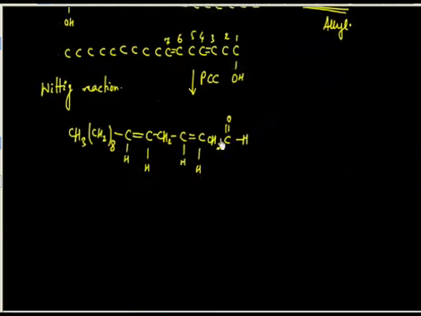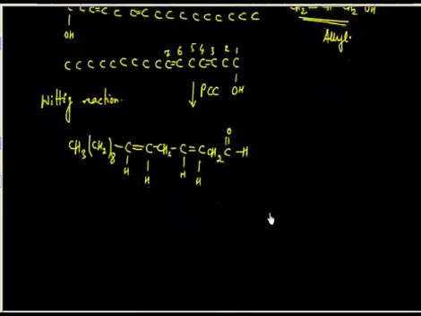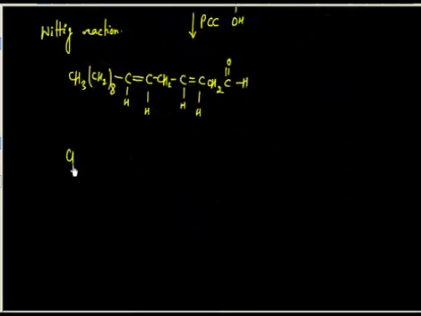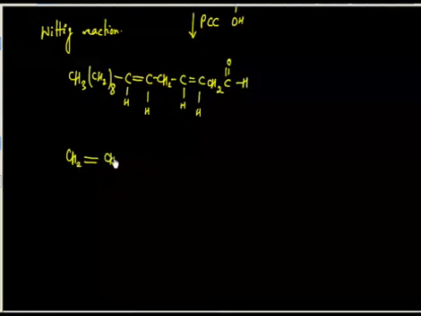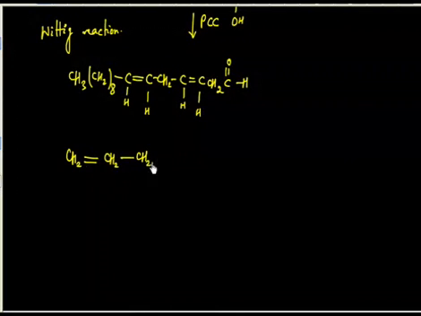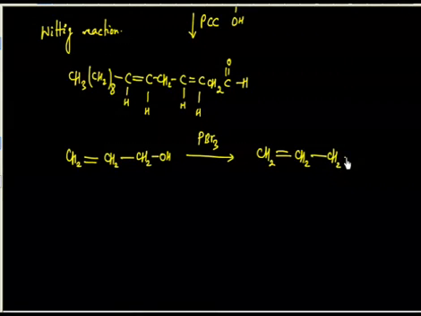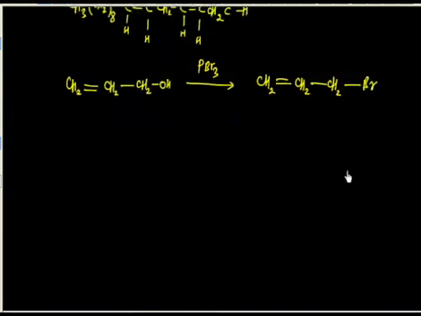Now let us say one is ready. Now take allyl alcohol, CH2=CH-CH2OH, and convert this into the ylide. First treat this with PBr3 or PBr5, and we will have CH2=CH-CH2Br. Now if you treat with PPh3, that is the ylide formation.